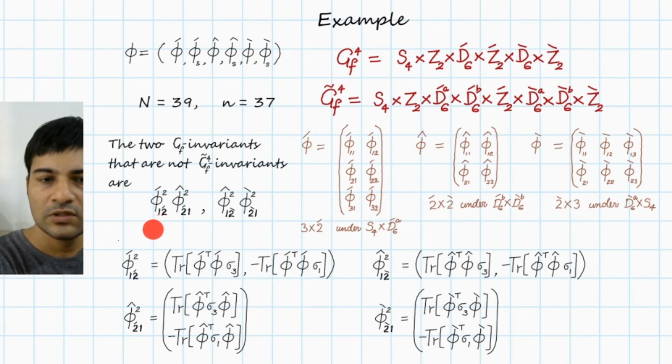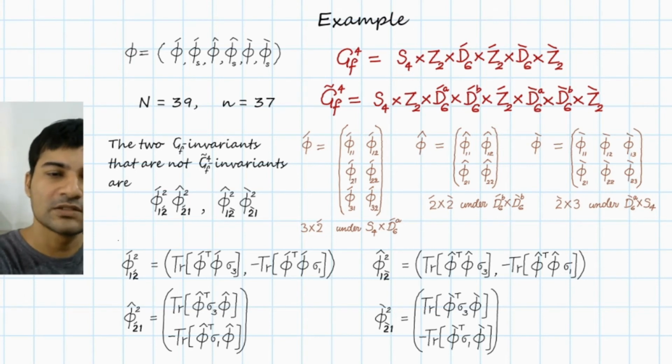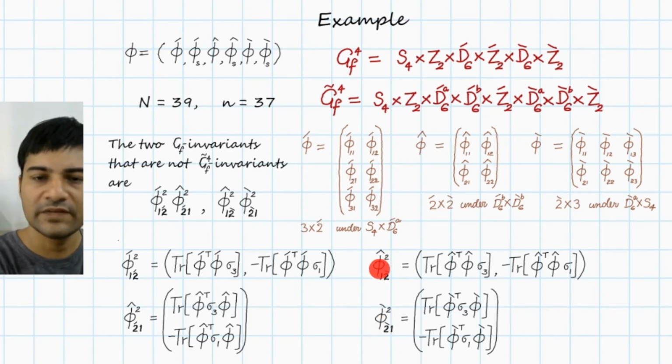So this term is not an invariant under this larger group. And you can make similar arguments for the second term also. So the multiplets are given here.